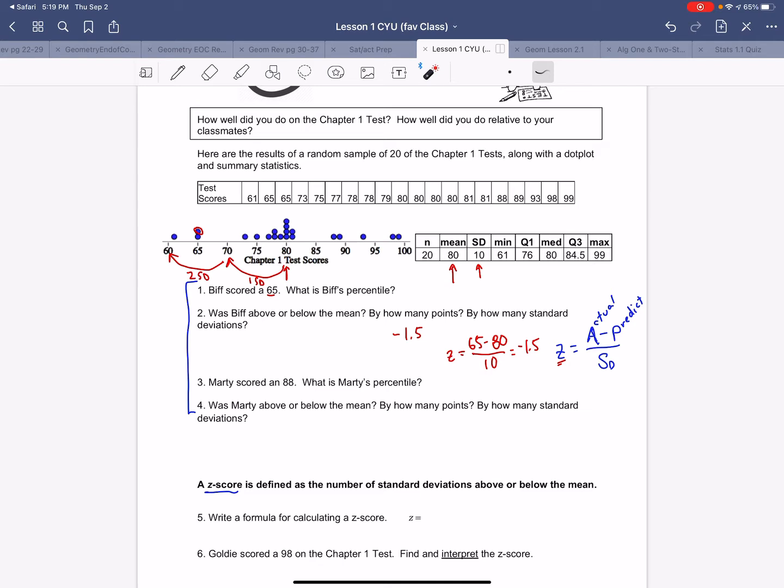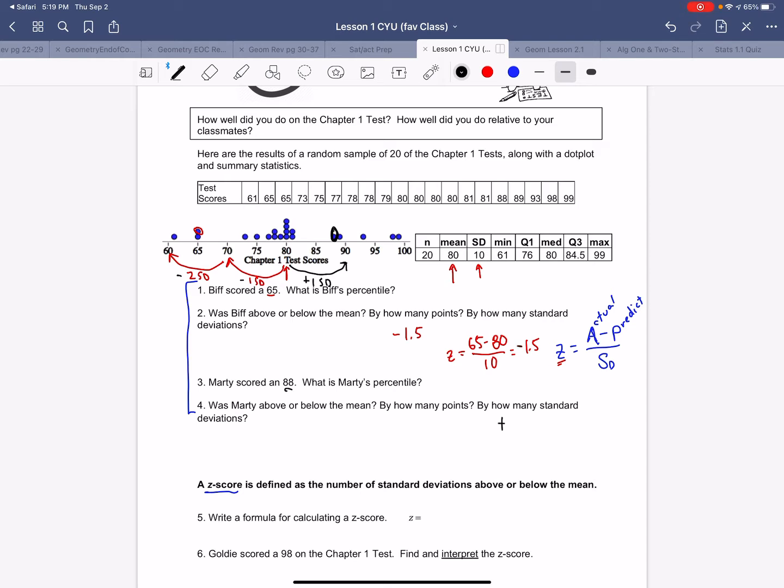Now, what about Marty? Well, it looks like Marty, I'll use a different color, right? It looks like Marty was 88, and our pal Marty, always a Marty fan, right? He scored above the mean, and if 10 is 1 standard deviation above, and these are below, so to signify above or below, we use this negative sign, right?